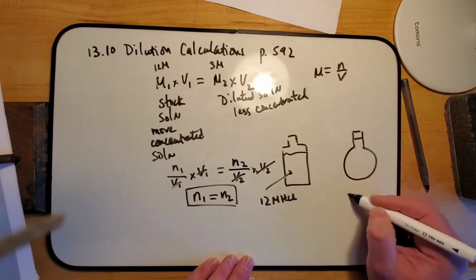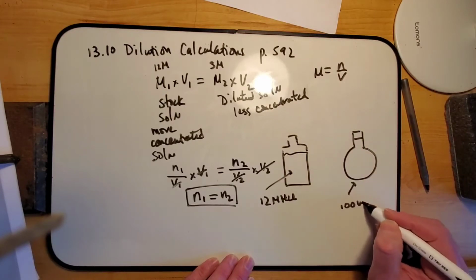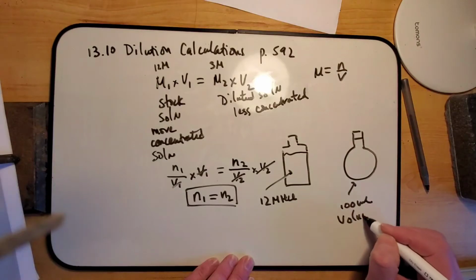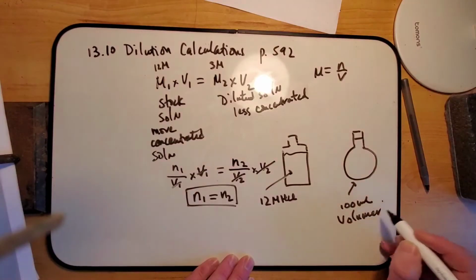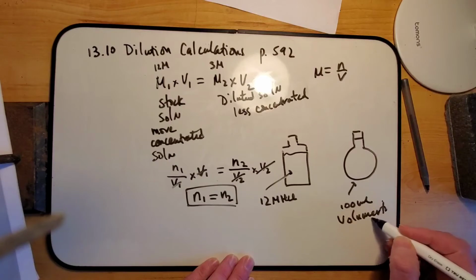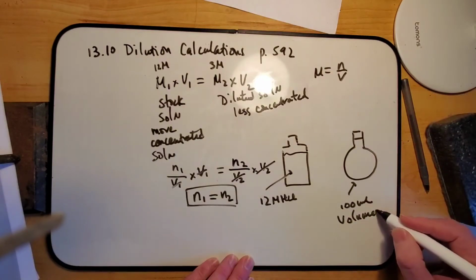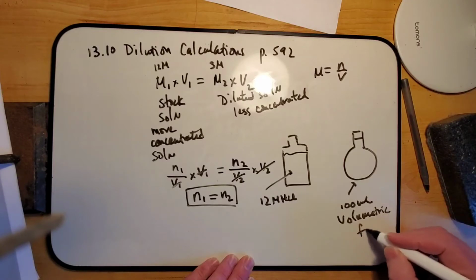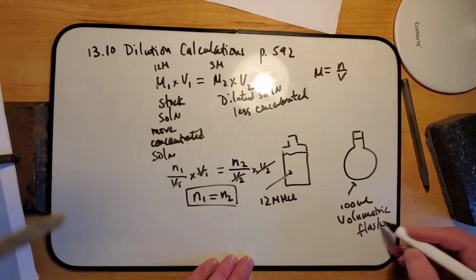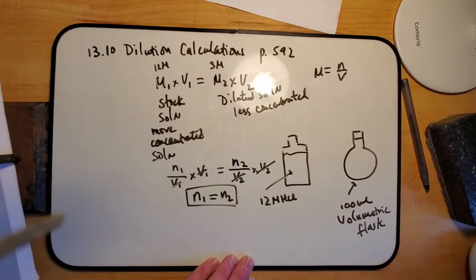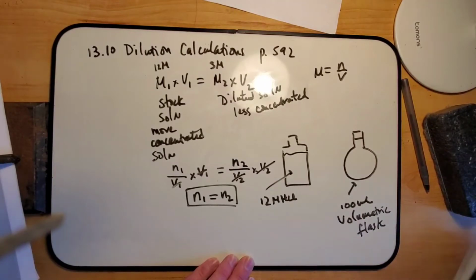There's a line here, so this is a 100 ml volumetric flask. You've probably already seen this in the lab when you had face-to-face lab meetings.